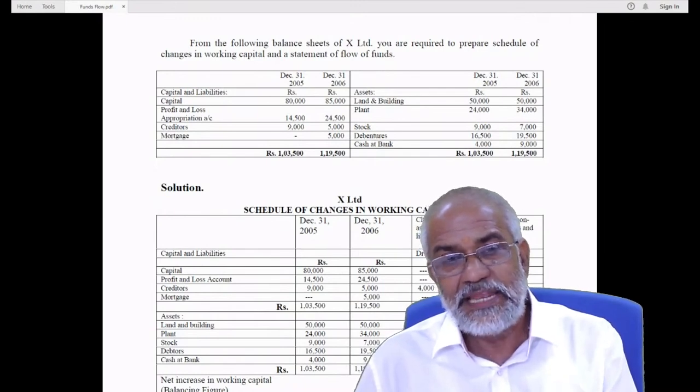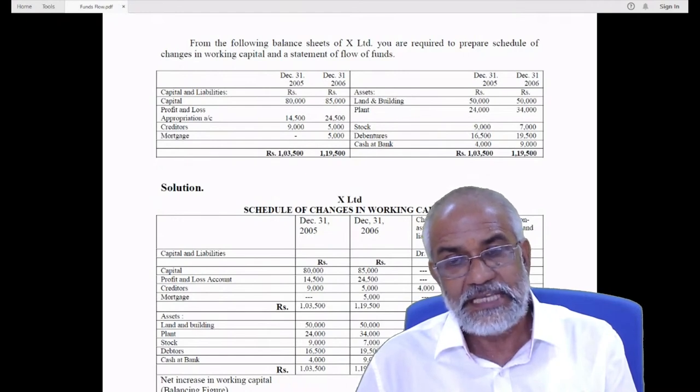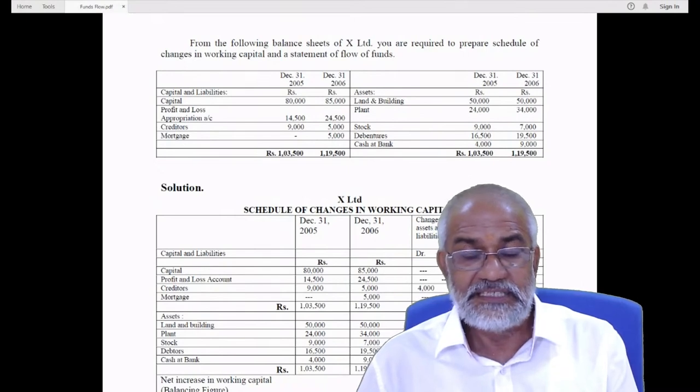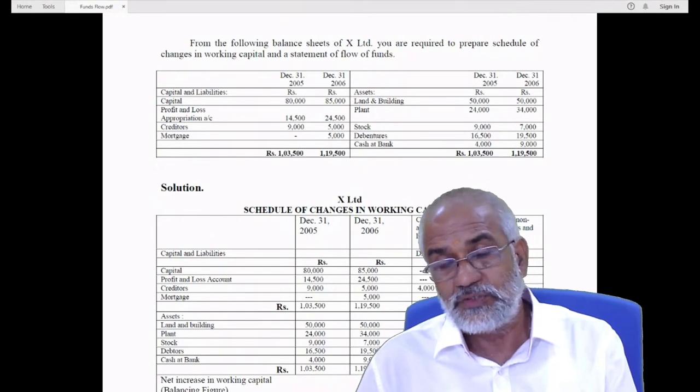Here it is given the balance sheet for 31st December 2005, and the next balance sheet is 31st December 2006. The liabilities and the assets have been given in the form of the balance sheet. This is the data on which we would prepare the funds flow statement.